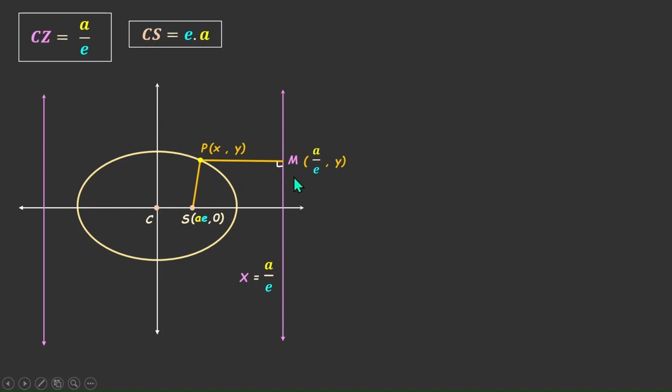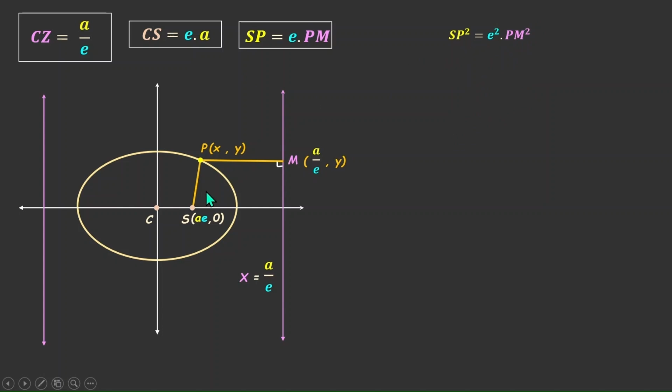Now we know the definition of an ellipse. So what it follows mathematically is that SP, which is the distance of point P to the focus, is equal to E times PM, which is the distance of point P to the line. And since we are talking about distances, it would be much easier if we square both sides. So we'll get SP square is equal to E square into PM square.